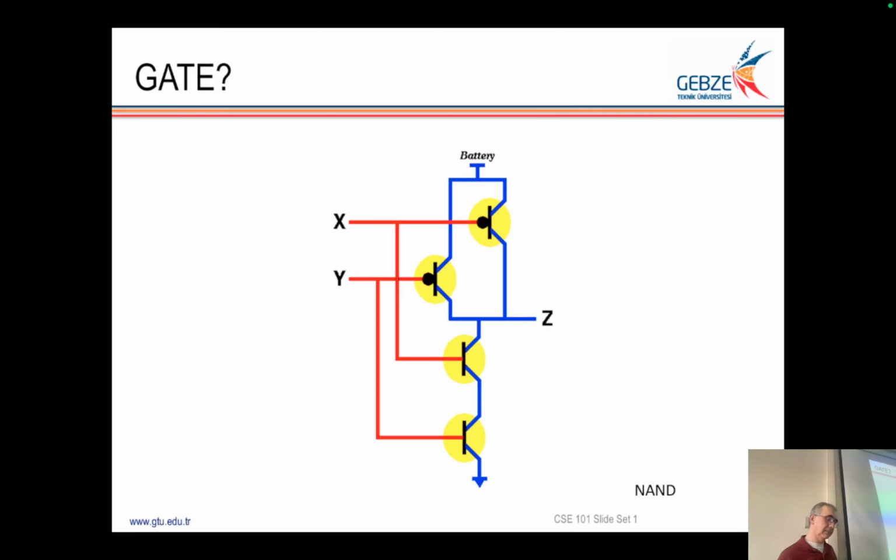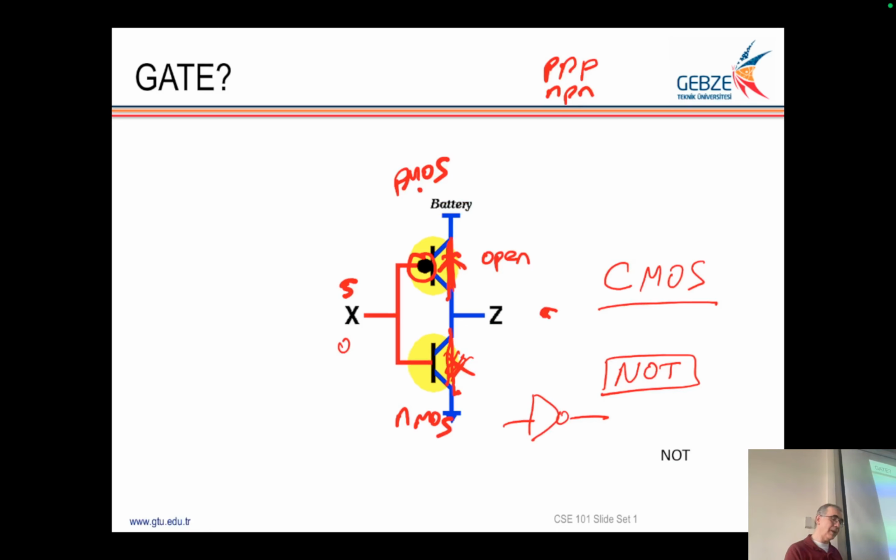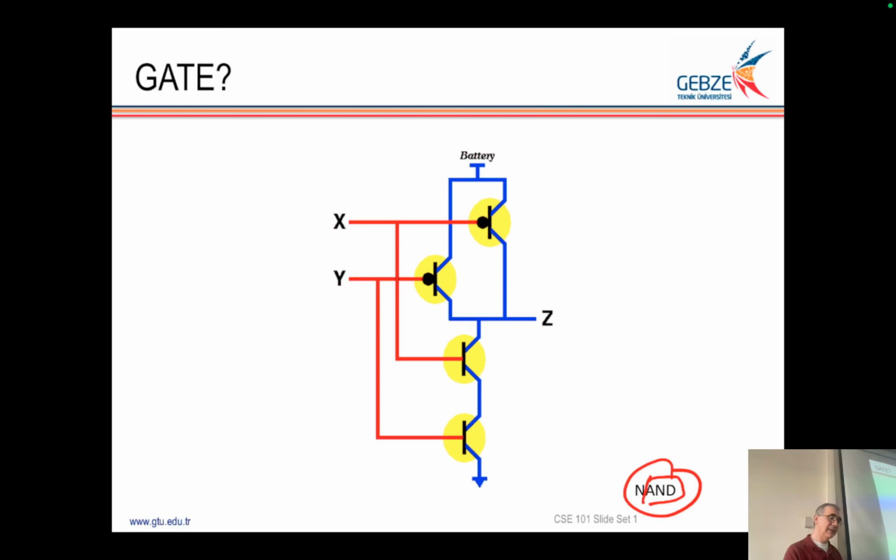NAND. I said NAND is easier to make than AND because of this reason, because there is an inversion going on. In order to make AND, I have to put this one here. Then it becomes AND. So NAND, NOT becomes AND.